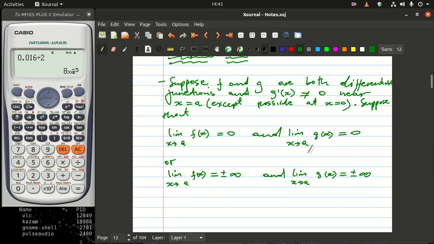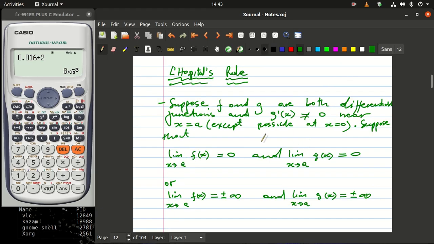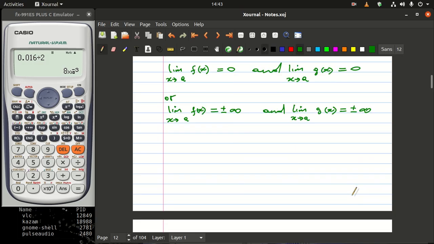I want you to notice that first, these two functions must be differentiable. And then thirdly, when I take the limit close to this value, I either get both zeros, or I get infinity and infinity, positive or negative, in any combination.